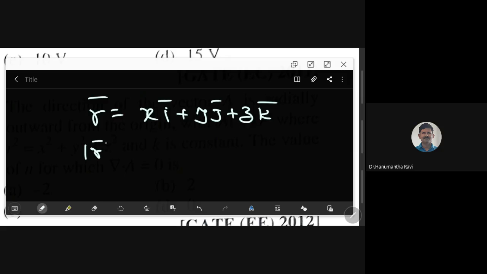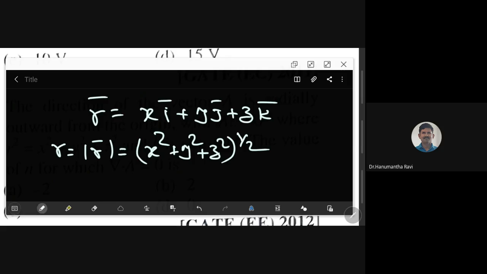Radially outward means you have r bar, that is x i bar plus y j bar plus z k bar. Now, what is modulus of r bar? This also we will write. It is x square plus y square plus z square whole power half, square root that is. We write this as r.